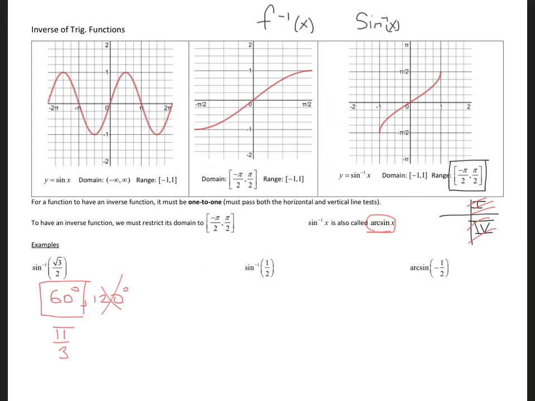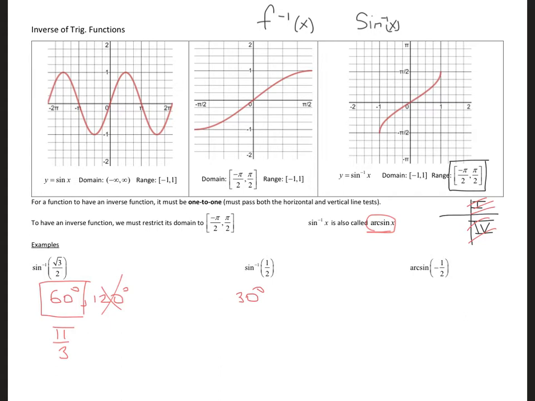Let's go to the second one. And the question is asking, what is the angle whose sine value is 1/2? So I'm going to look at my unit circle and write all those angles whose sine is equal to 1/2. And I can see I have 30 degrees. And what is the other angle? I also know that sine is only positive in quadrant 1 and 2.